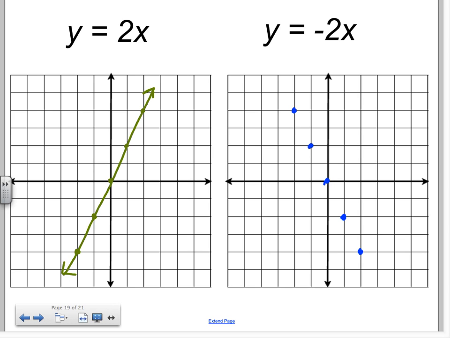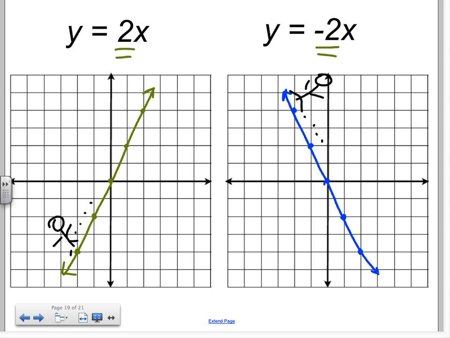Again, take a straight edge and connect the points. Now, a couple things I told you: our k values tell us a lot of things. First of all, if you imagine yourself walking on this line, left to right, look at the direction you're headed, and I want you to compare the direction you're headed and the k value that you have in each of these.